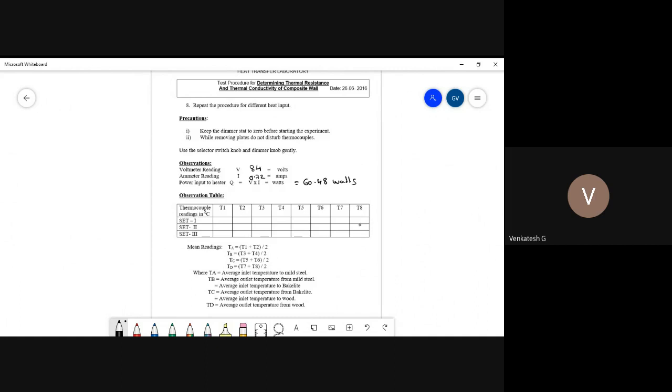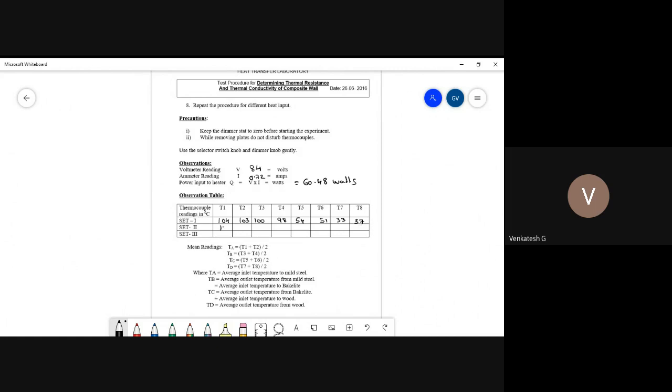In the first set, we observed the temperatures 104, 103, 100, 98, 54, 51, 33, 37. Now after 20 minutes, we took the next set of readings.